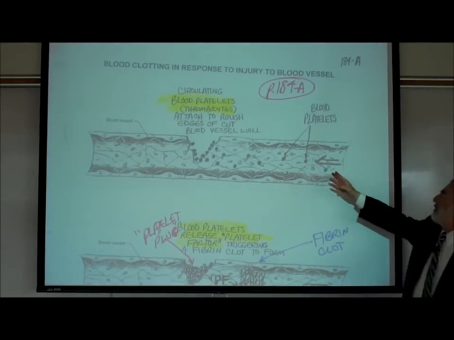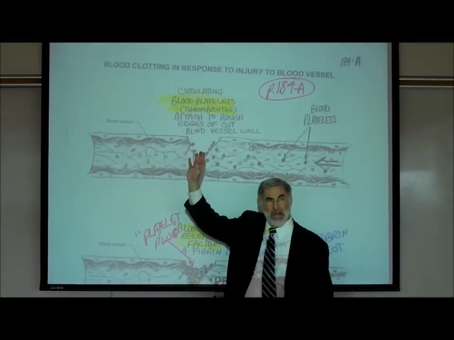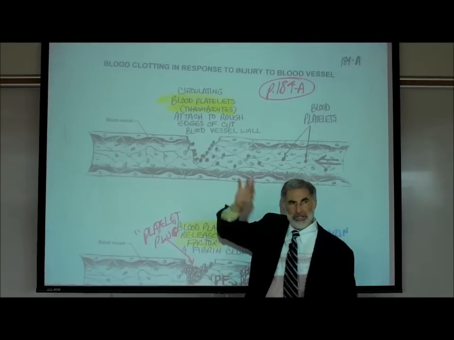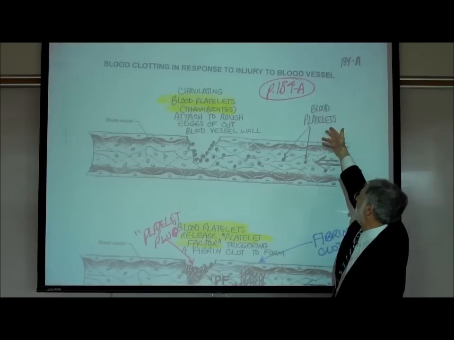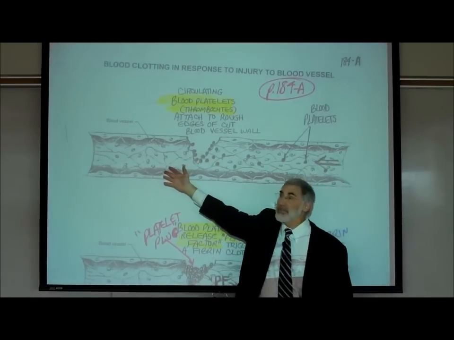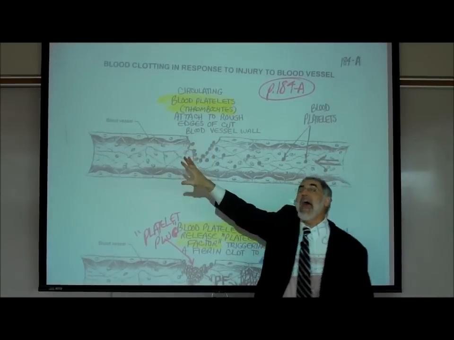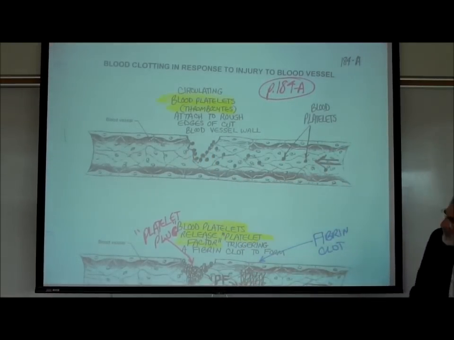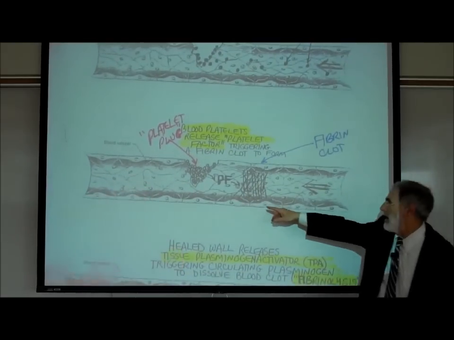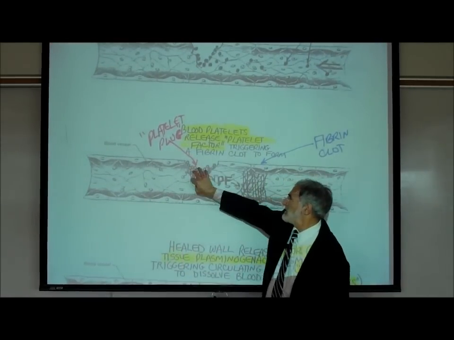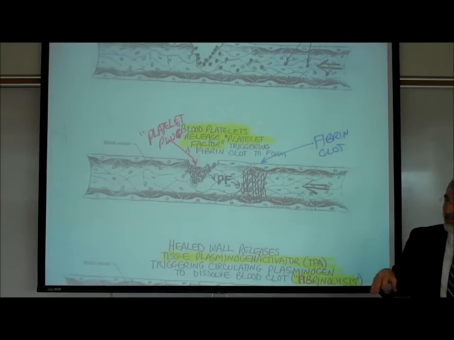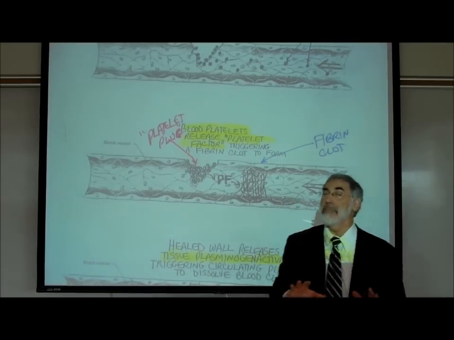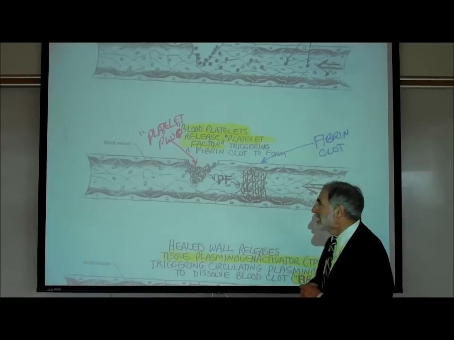So we did learn that when a vessel is cut, the rough edges of the vessel basically cause these platelets that are moving through the bloodstream all the time to attach or aggregate. And that forms what's called a platelet plug. All right, so this forms a plug. It stops the amount of blood gushing a little bit, but that's not really the main thing that's going to stop bleeding.